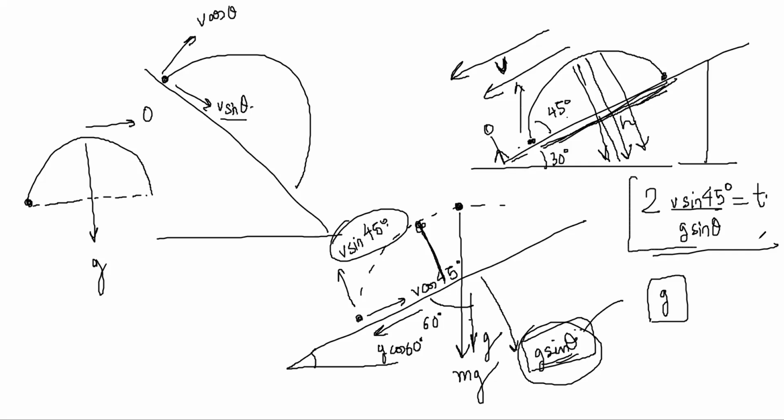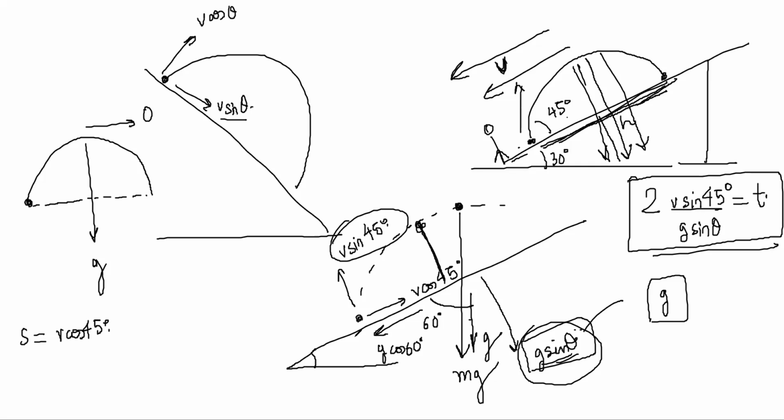This is the time of flight, and then the distance covered will depend on initial velocity and acceleration, right? S is equal to initial velocity, V cos 45, into time of flight.